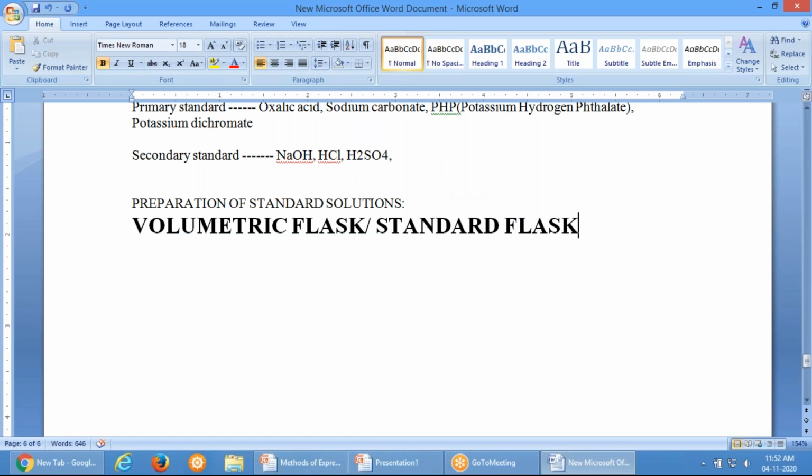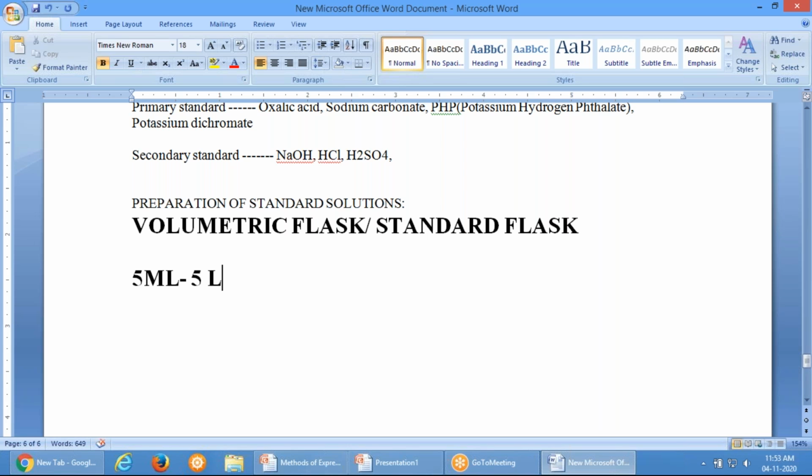So we have volumetric flasks of different sizes, available from 5 ml to 5 liters.